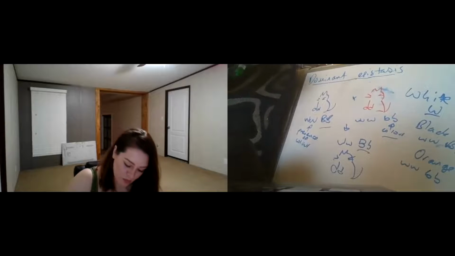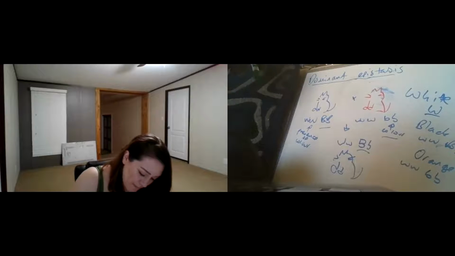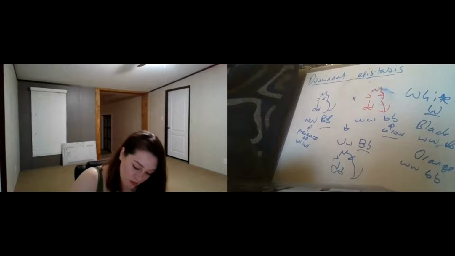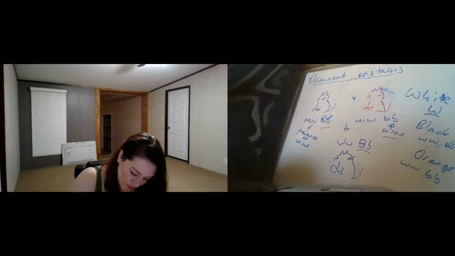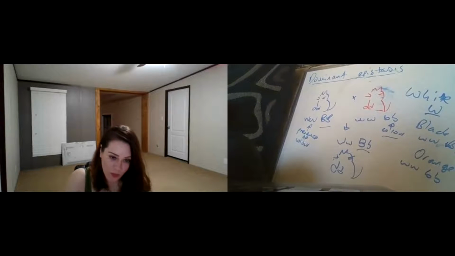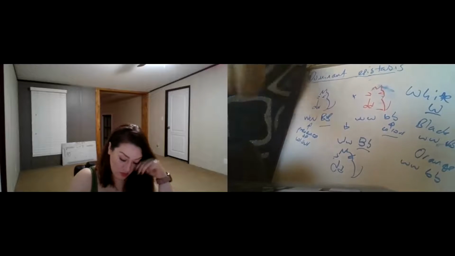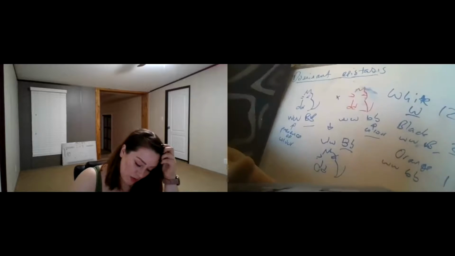And so this is called dominant epistasis because it masks the phenotype at another locus simply by having one functional dominant allele. And the reason for that is that this is all about melanin production in cats.